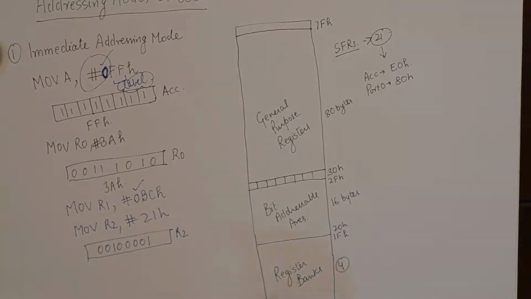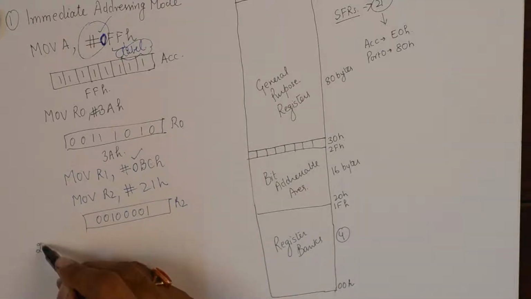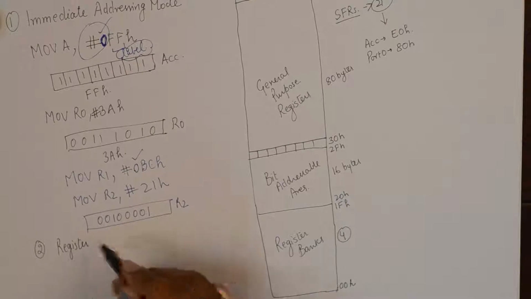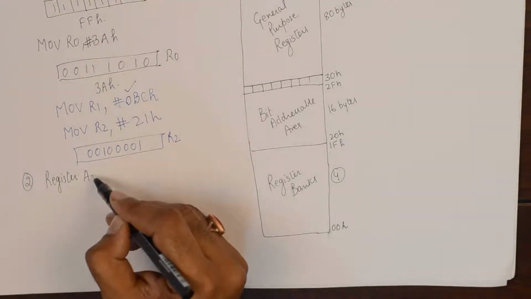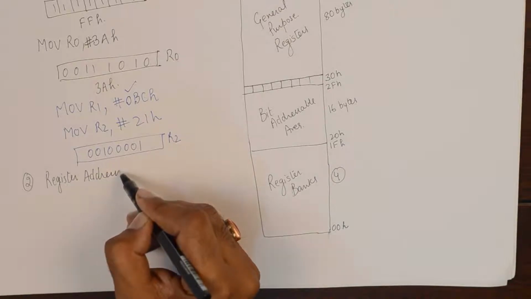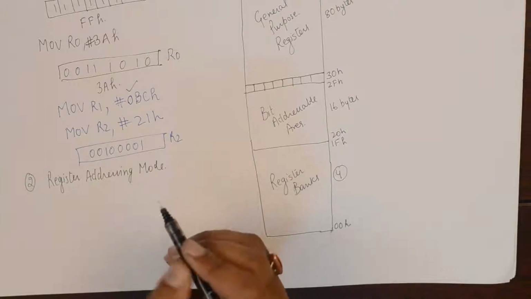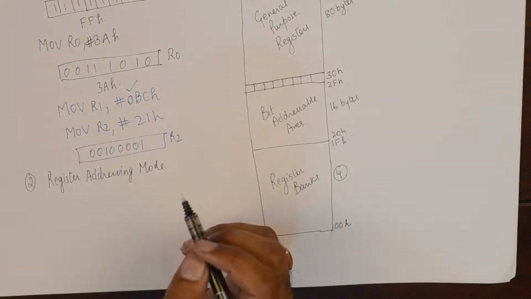The second addressing mode is register addressing mode. Now this addressing mode is very simple.